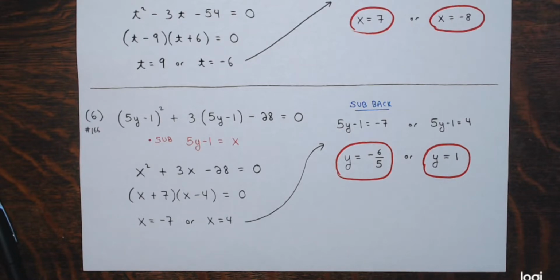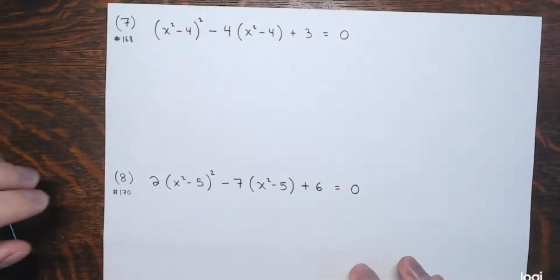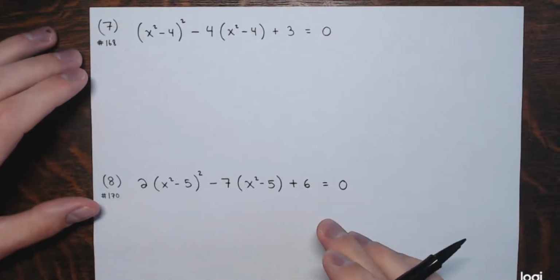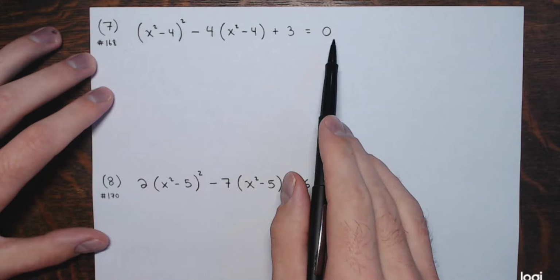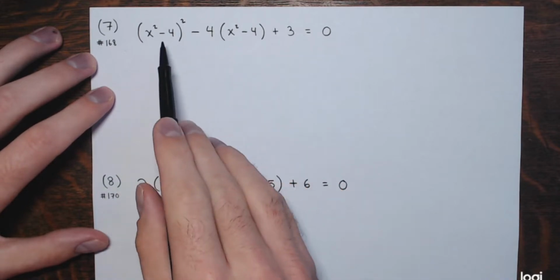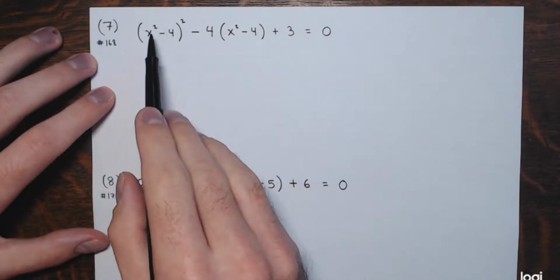All right. Next couple problems are pretty similar, where the substitution should be obvious. So number 7 here, we see everything on one side, 3 terms equals 0. So it's set up the way I want right away. And you see how it's in quadratic form here.